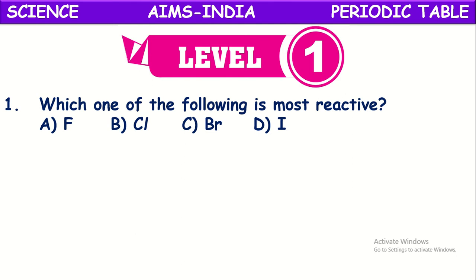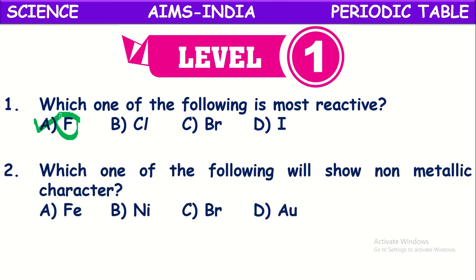They all are from the halogen group, the seventh group, isn't it? Now, out of these, fluorine is the element with the highest electronegativity. So, being a small sized atom with the highest electronegativity, fluorine will be the most reactive among these all.